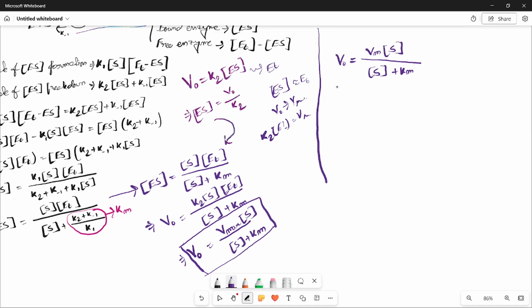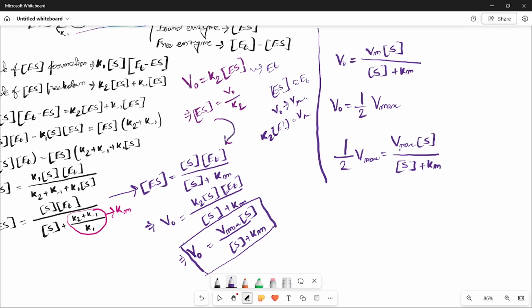When the rate of reaction V naught equals half of the maximum velocity possible, what will it look like? Half of Vmax equals Vmax S by S plus Km.